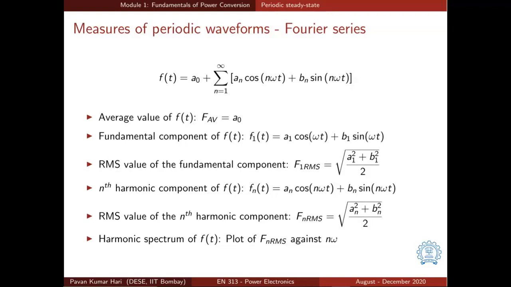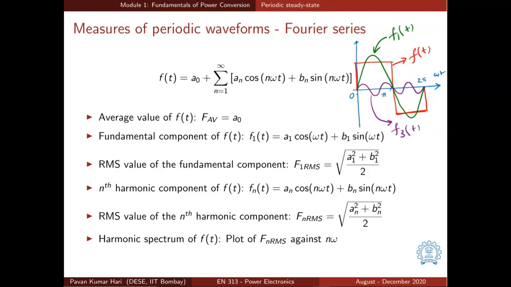And the second term on the right hand side, which is the first term in the infinite sum, is the first harmonic of f of t, and the first harmonic of f of t is also referred to as the fundamental component of f of t and is denoted by f1 of t. f1 of t is expressed as a1 cos omega t plus b1 sin omega t.